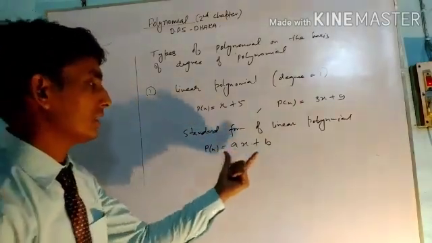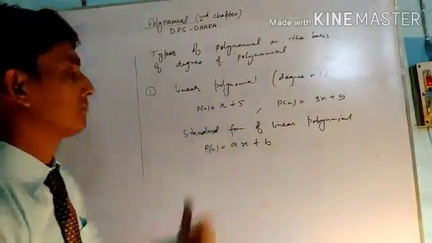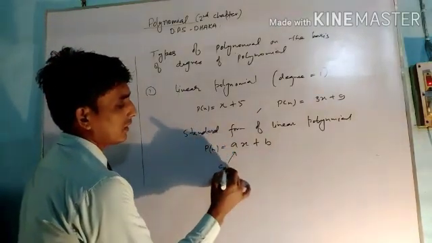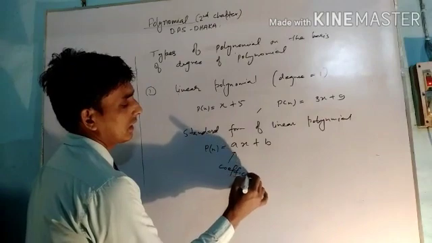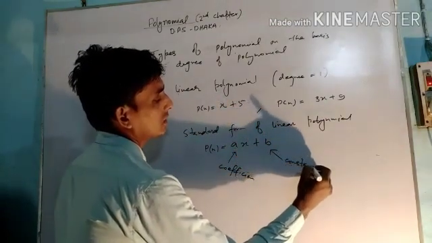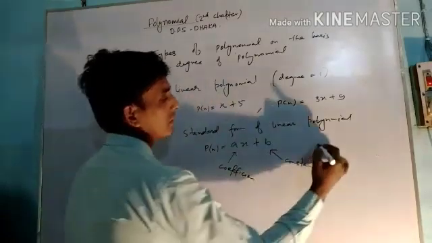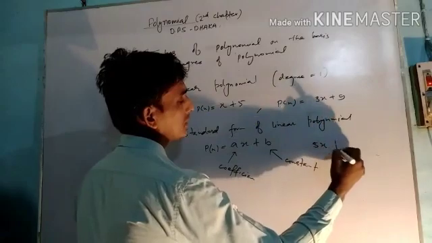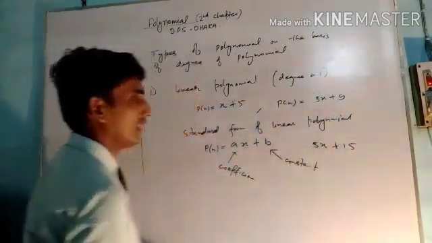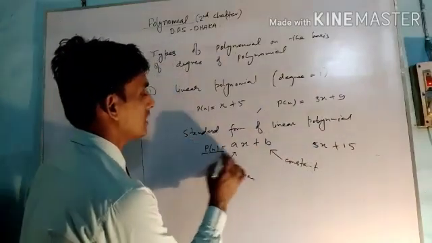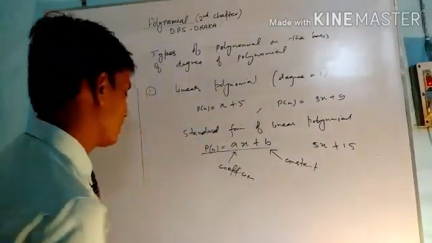This is the standard form of a linear polynomial, where a is the coefficient of x and b is the constant term. For example, 5x plus 15. Here 5 is the coefficient of x and 15 is the constant term. So this is the standard form of a linear polynomial.